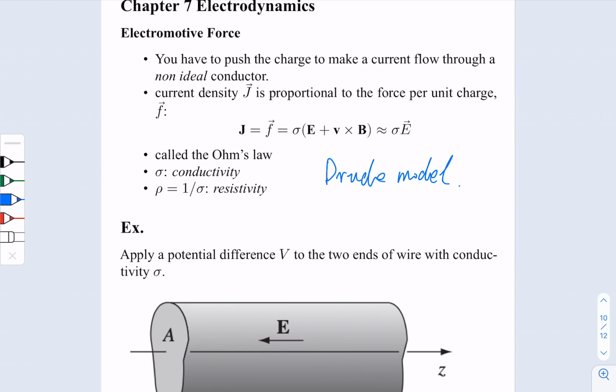I don't know if you still remember this name. The idea is that for a perfect conductor, there is no such thing as Ohm's law, right?